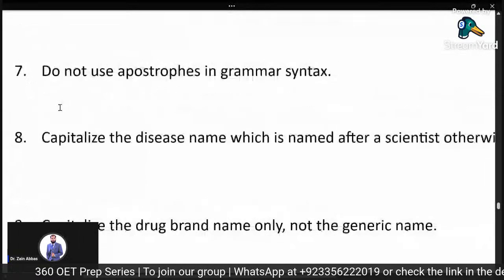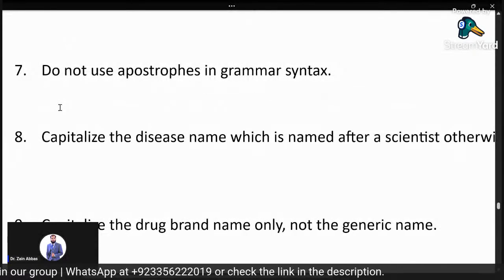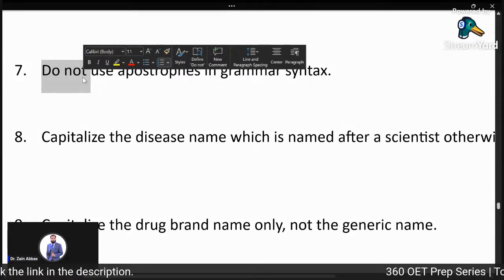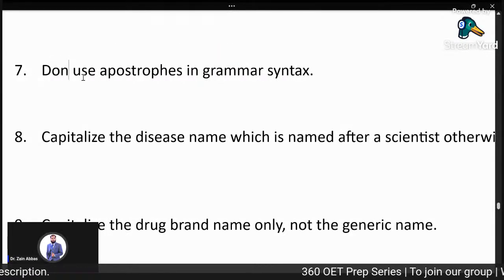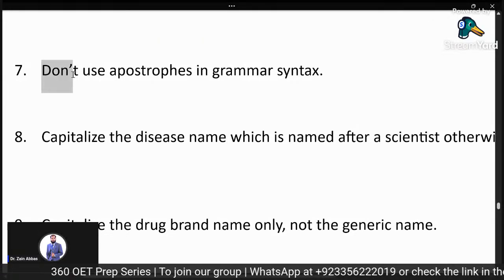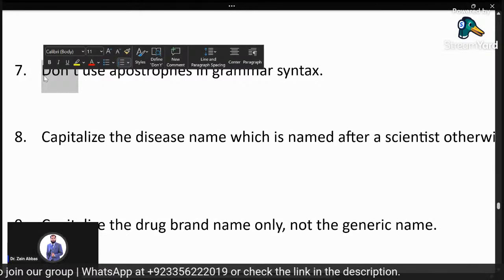The next important point is do not use apostrophes in contractions in your sentences. Like I have the example here, I am using the words do not here. I am not using the contraction. This is not the appropriate or formal way to write in your writing subtest.